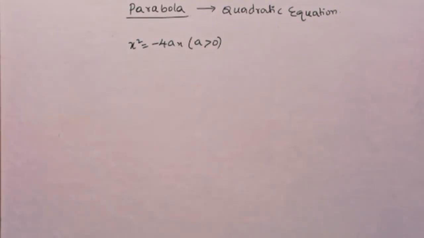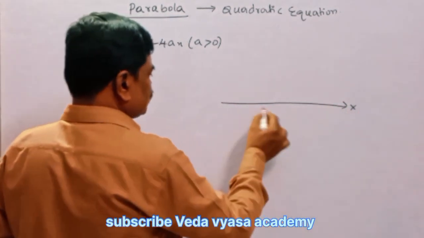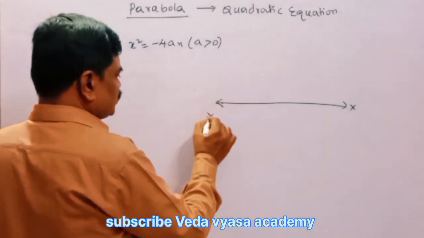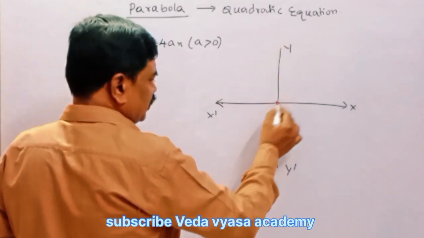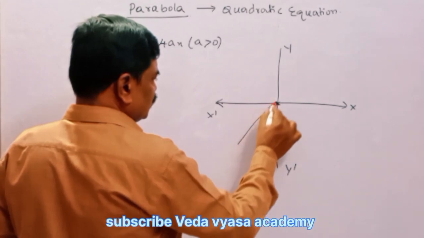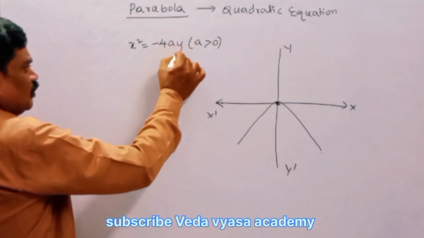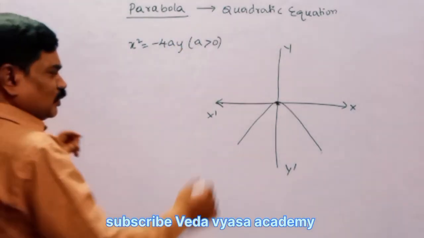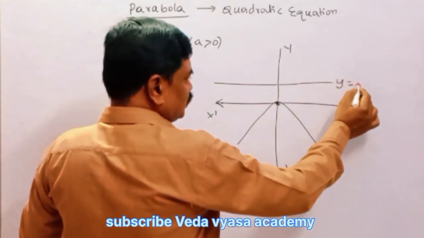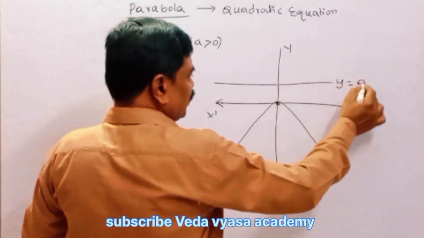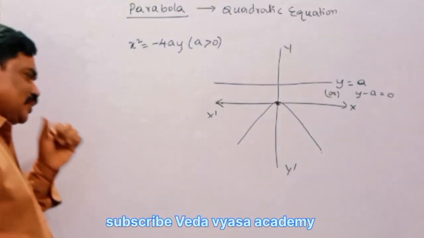Here, one more form of the parabola. This is X', Y'. This is the vertex. Then x square is equal to minus 4ay is one more form of the parabola, and this is the directrix, y is equal to a, or y minus a equal to 0 is the directrix equation.